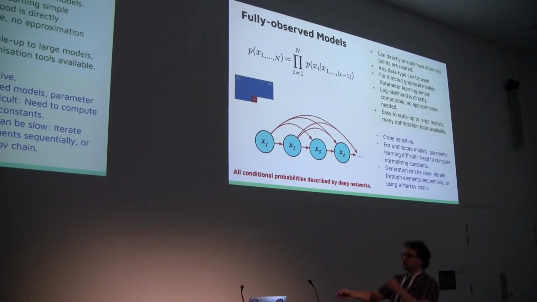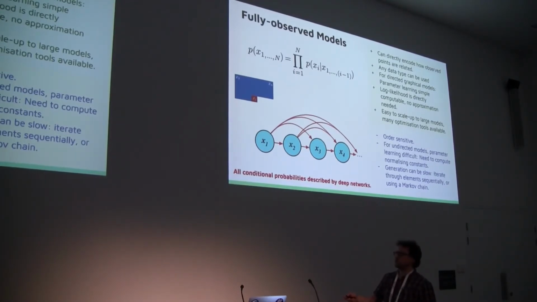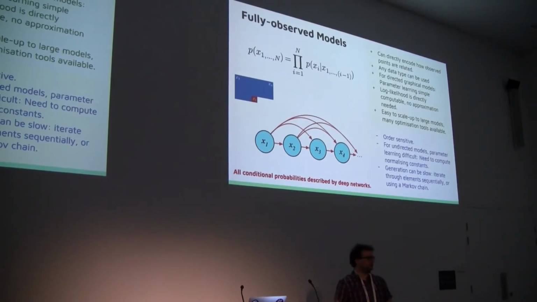Part of the success of these models is that once you start parameterizing these conditional distributions by deep neural networks, you suddenly gain an enormous amount of power and flexibility to wire these things. So you can be very creative about how to exploit local information about images. We know that pixels that are nearby are correlated, etc. And we can put all this knowledge into this computational graph through the flexibility of deep neural nets.